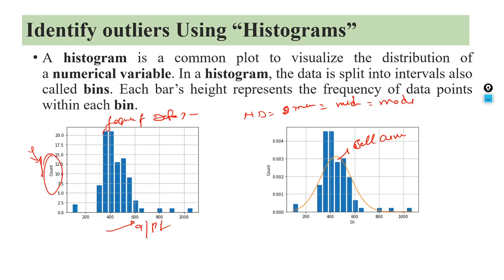Now we will plot the bell curve on the histogram for visualization purposes. See, this part may be considered as the outlier. These points are considered outliers. We will see in the practical section what outliers exist in the data set.